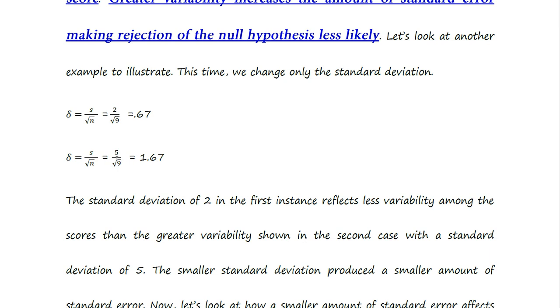If we have a larger standard deviation, we have greater variability. If we have a low value of standard deviation, we have less variability. So, to understand this point, a larger standard deviation leads to larger variability, and a smaller sample standard deviation leads to a smaller standard error.